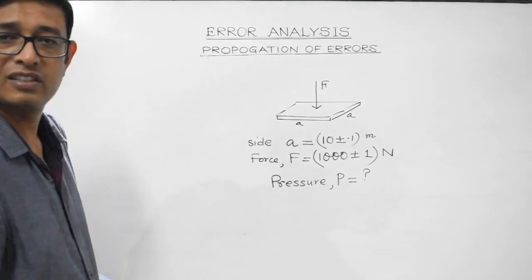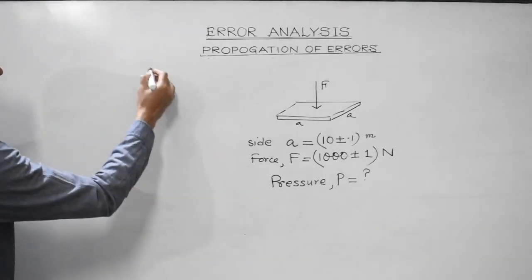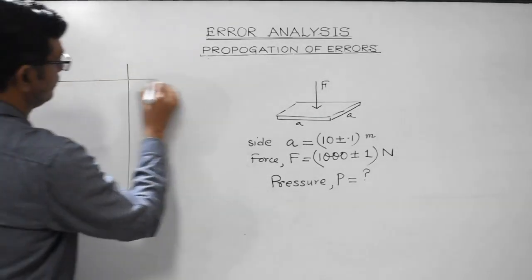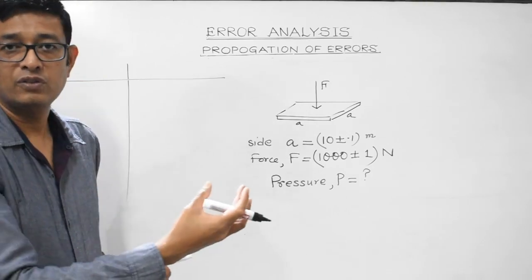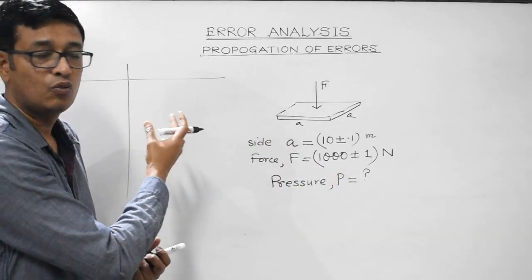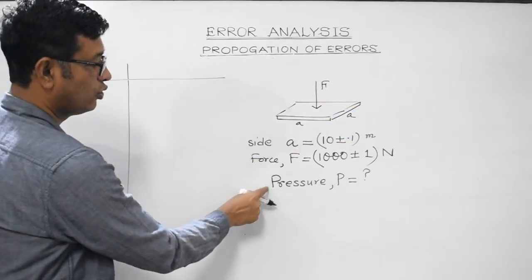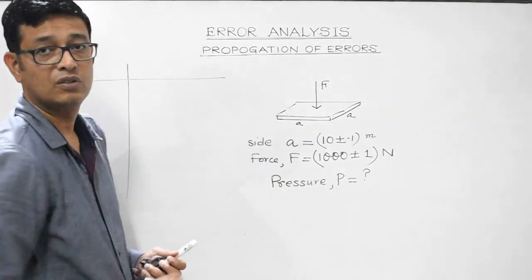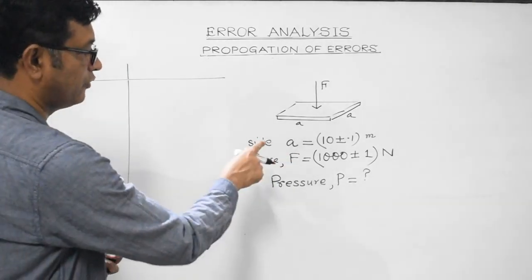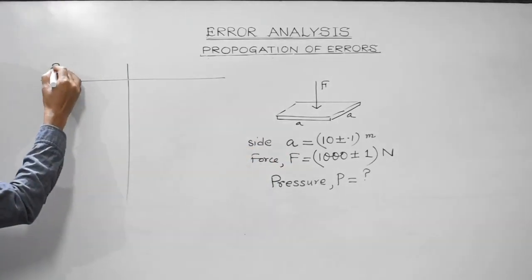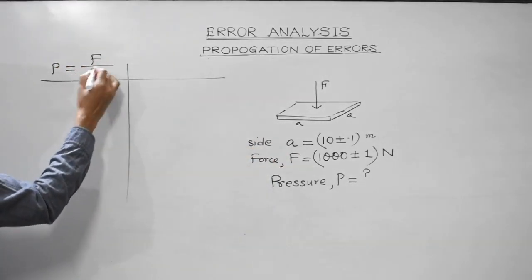So students, let's do it. Now for that I have told you how to proceed. True value is to be dealt separately while the errors are to be dealt separately. Now you need to find a formula between these three. What's the relationship between pressure, force and area? We know that pressure is equal to force per unit area.